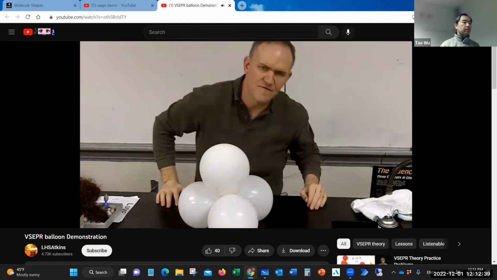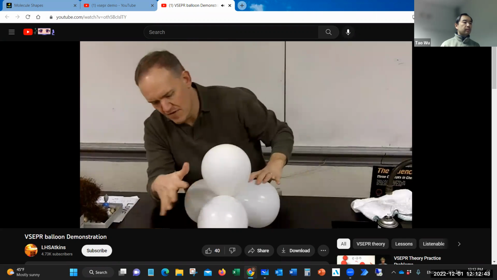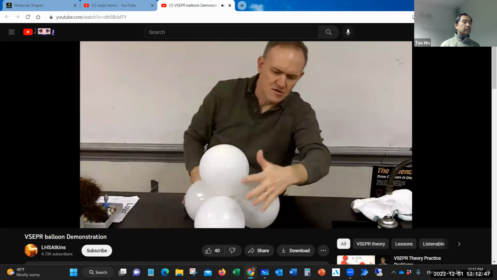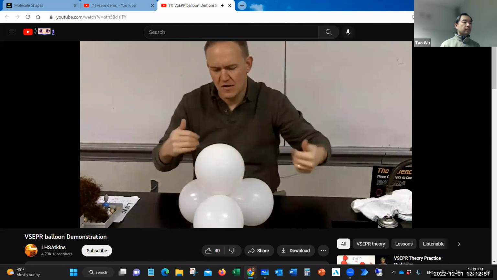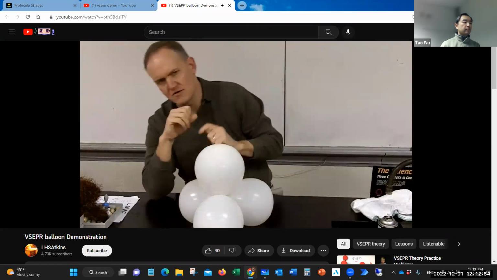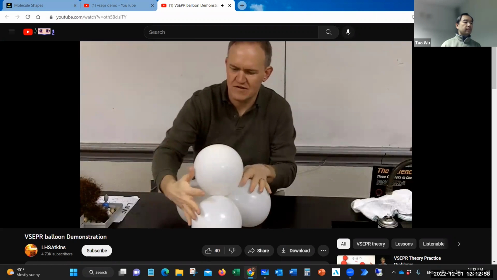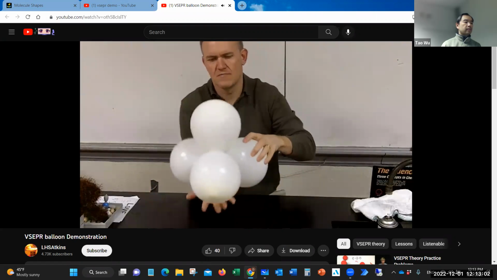Named so because it has 4 faces: tetra, 4, hedra, face. Tetrahedron is the singular. Think of it kind of like a pyramid, though I don't want to say that too much because there are other things we call pyramids. This is the tetrahedron. You have 4 faces: a face here, here, here, and on the bottom.